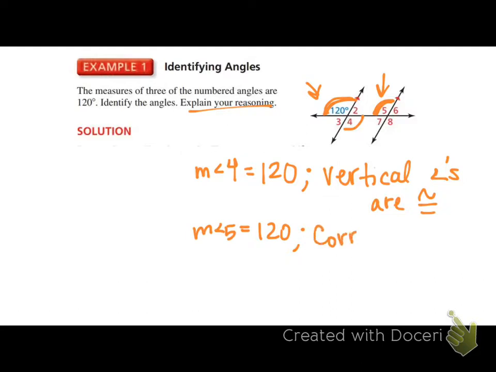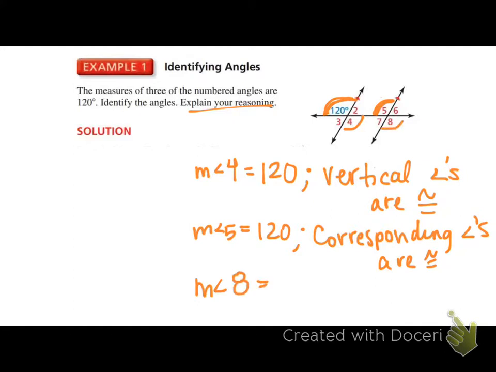So we know corresponding angles are congruent. What is the last one that will also be 120? Angle 8. What relationship does angle 8 have with 120? They're alternate exterior. So you can shorten it to alt-X. And they are congruent.